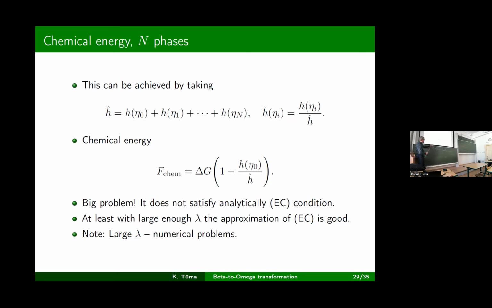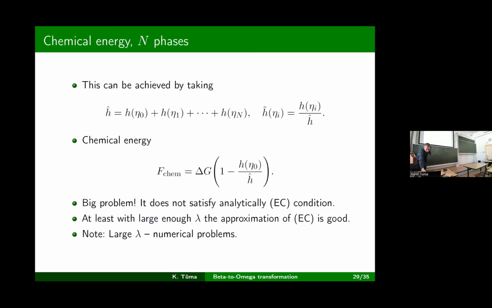But of course, by adding the double ditch on the edges between beta and omega i's, it improves the approximation of the energy consistency. You can easily think about this. In the ternary plot, if you are on this edge and here you have a big valley coming from the double ditch, if you move slightly, it will go back because of the valley, but it will be just approximate.